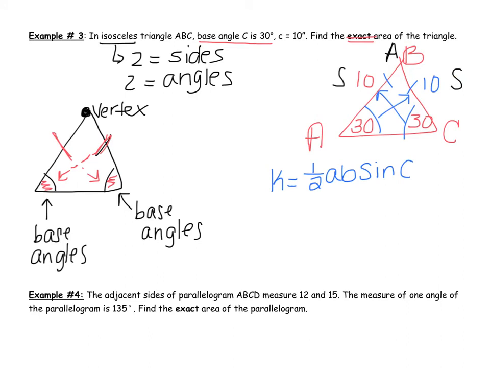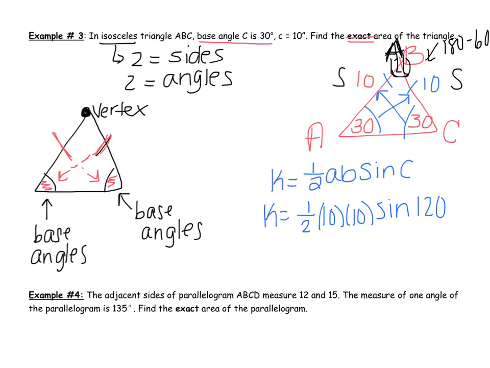The included angle for this problem is A. How do I find A? Well, I already have 30 and 30, which makes 60. So this angle up here would be 180 minus 60, which is 120. So that's the angle we're going to use. So 1/2, 10 times 10, sine of 120.